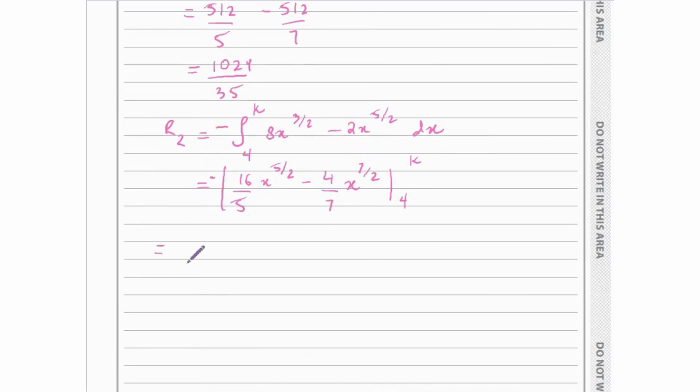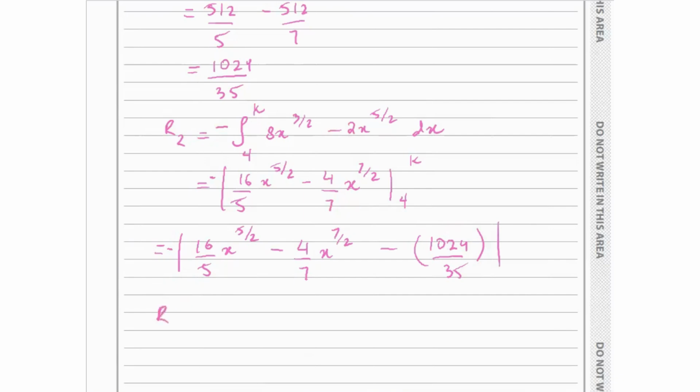So you put in the value of 4 and k. With k it's going to be 16 over 5 x to the power of 5 over 2 minus 4 over 7 x to the power of 7 over 2, minus, and then we have the value 1024 over 35. We already know the value when you put x equals 4 in the integral.